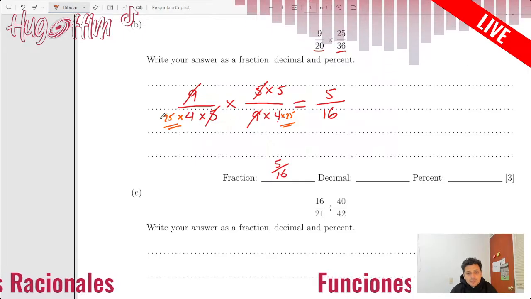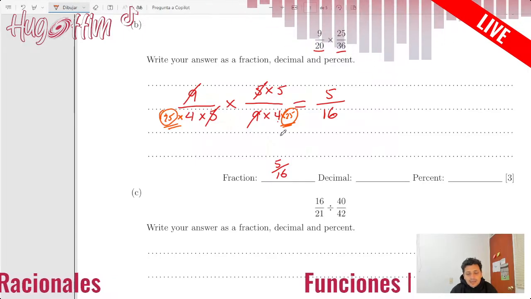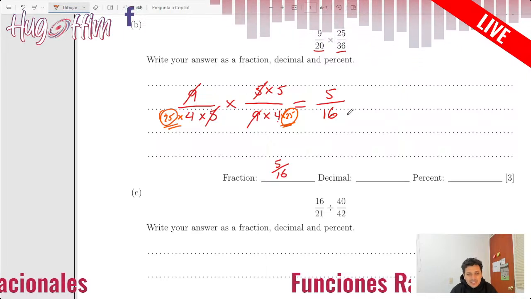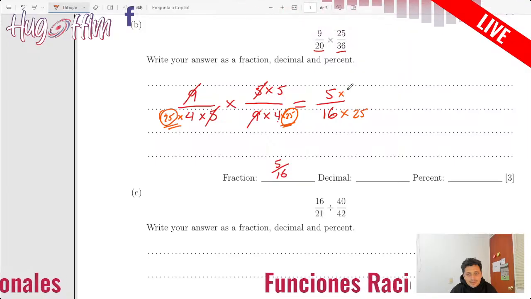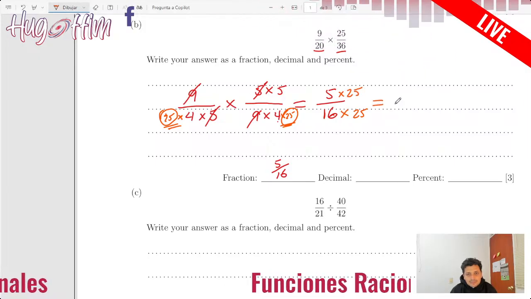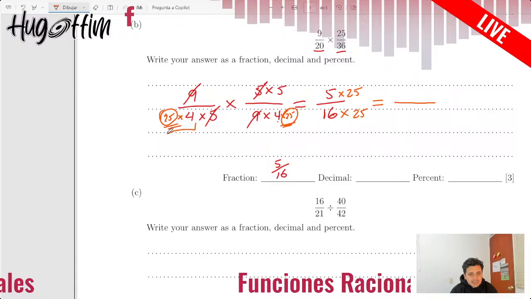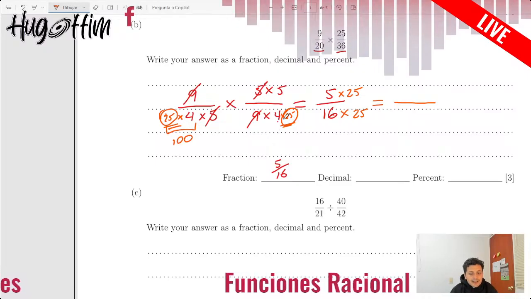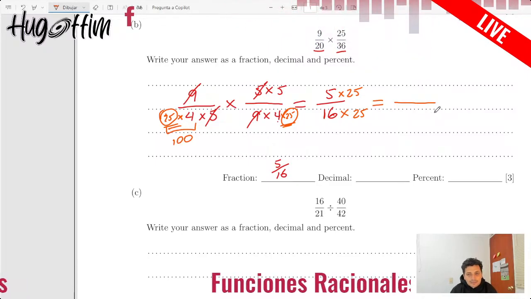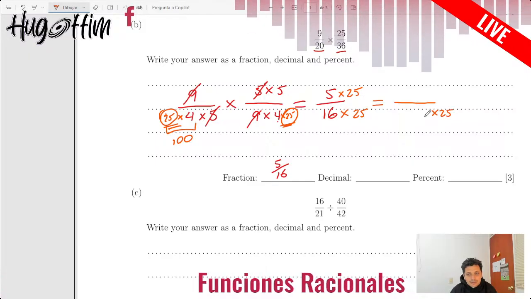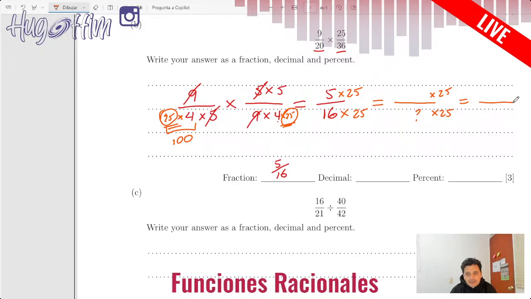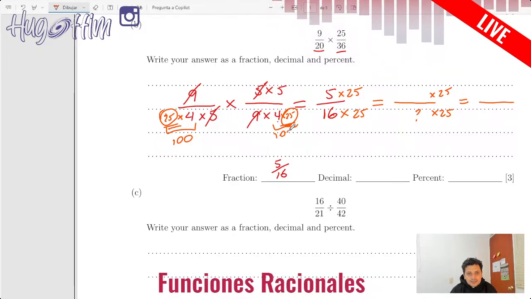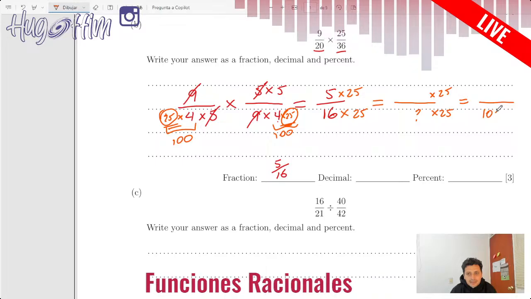It means I have to multiply by 25 twice, times 25 times 25. That will become 100 times 100, which is going to be 10,000.